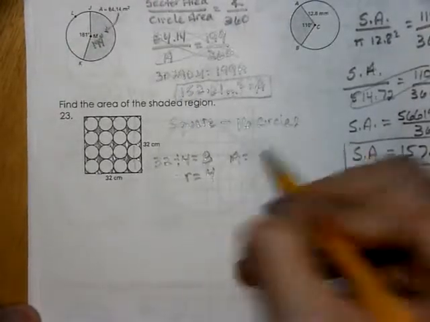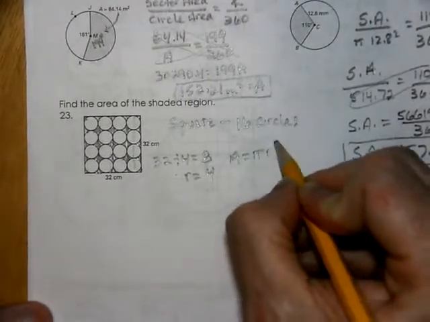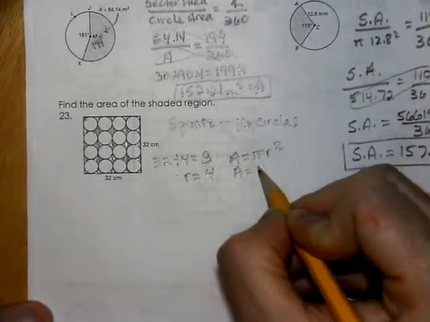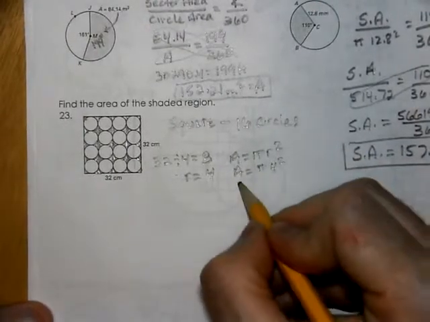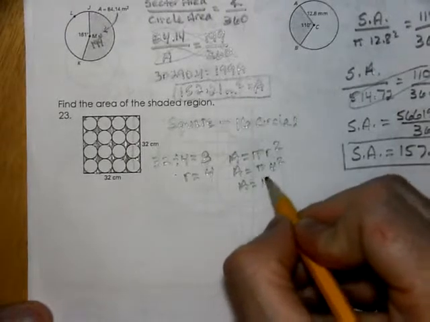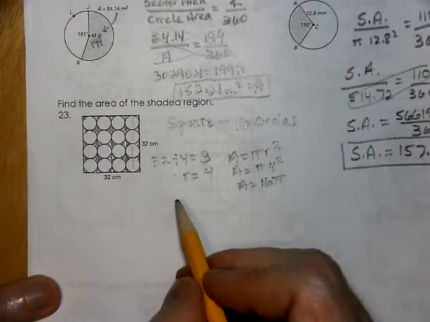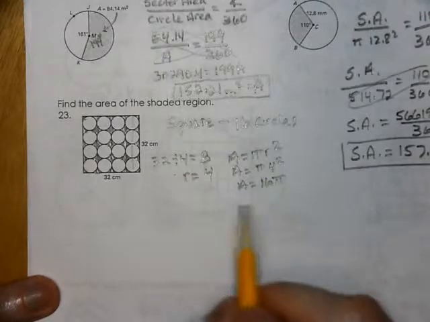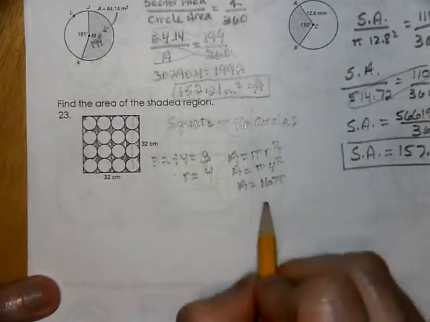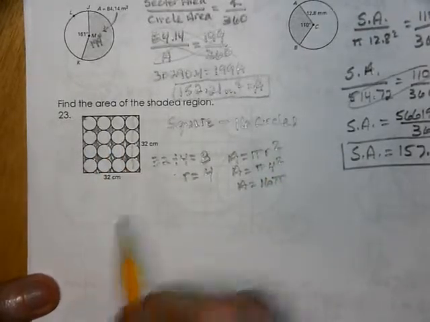So the area of each circle is pi r squared. So we call it 16 pi. If we're going to have 16 of these circles, then it's 16 times 16 pi. That would be all the areas.